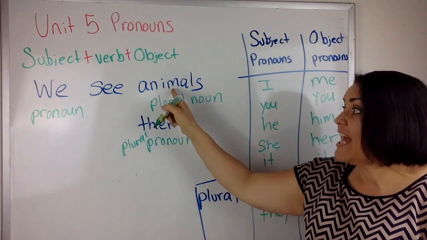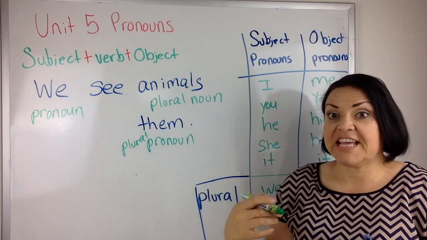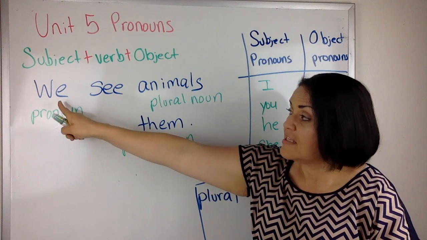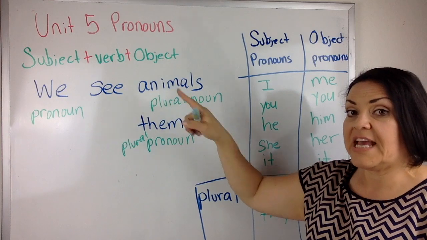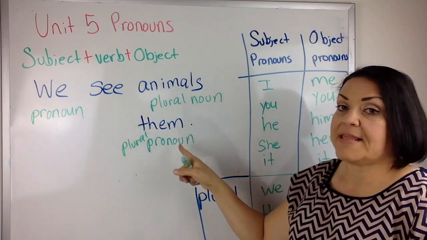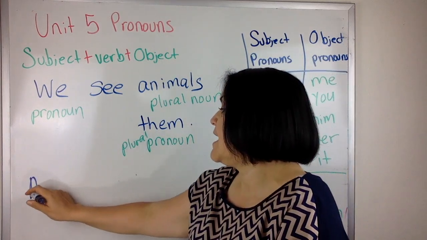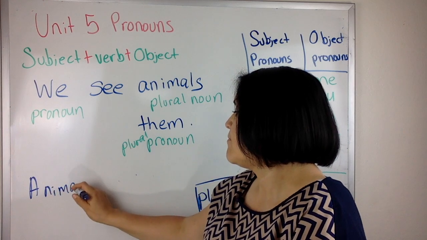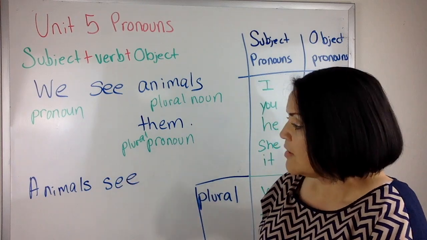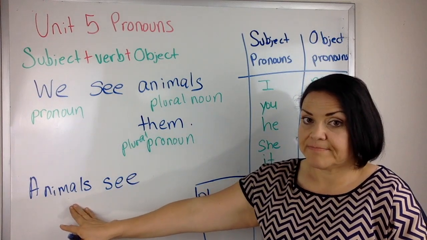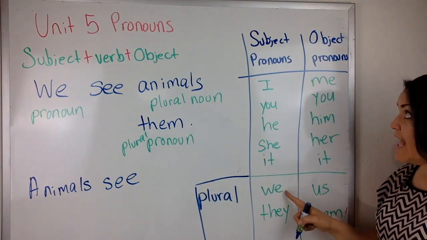So you can make the animals the subject. They're receiving the action, right? We can change it around because we know it's all about we, me and you, and we see the animals. We see animals. We see them. If we're talking about the animals, you can say animals see. So they became the subject, the animals. Animals see what? So I can't use a subject pronoun.